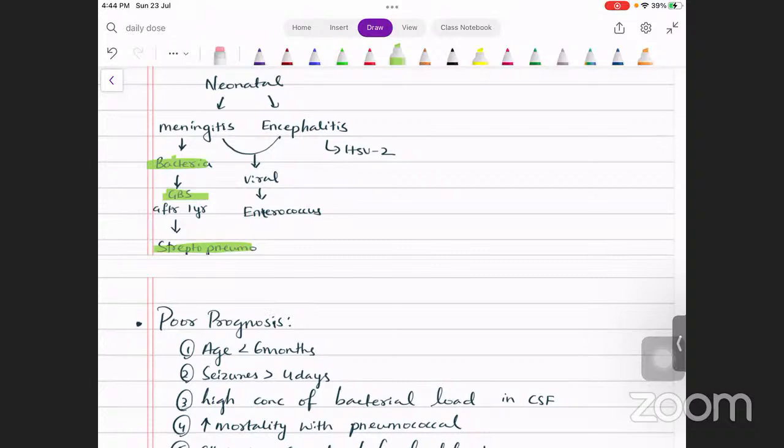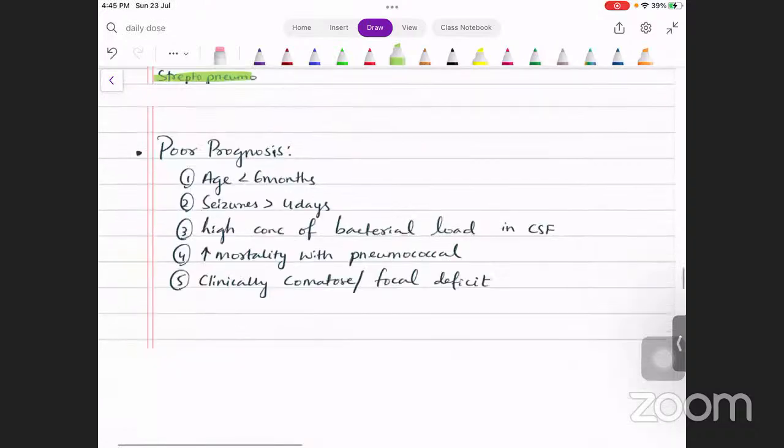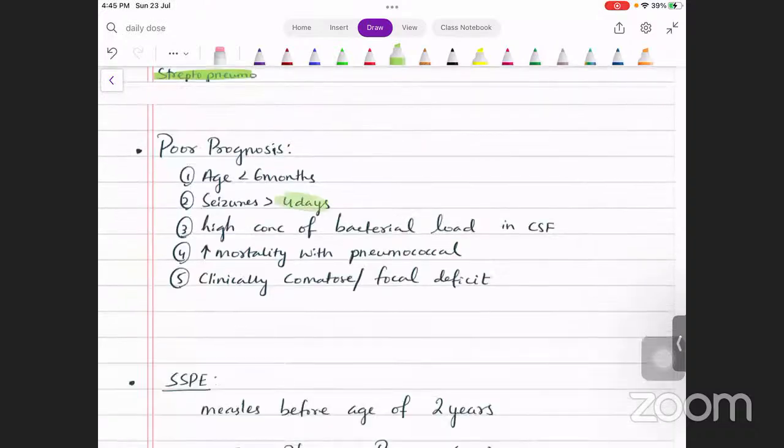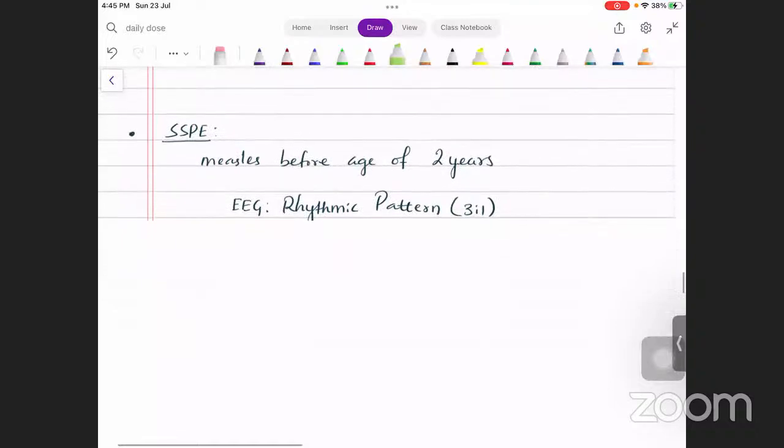Meningitis and encephalitis progression is mostly viral, followed by enterococcal. Poor prognosis of meningitis is seen in age less than 6 months, seizures of more than 4 days, and high concentration of bacterial load in CSF, with increased mortality with the pneumococcal.